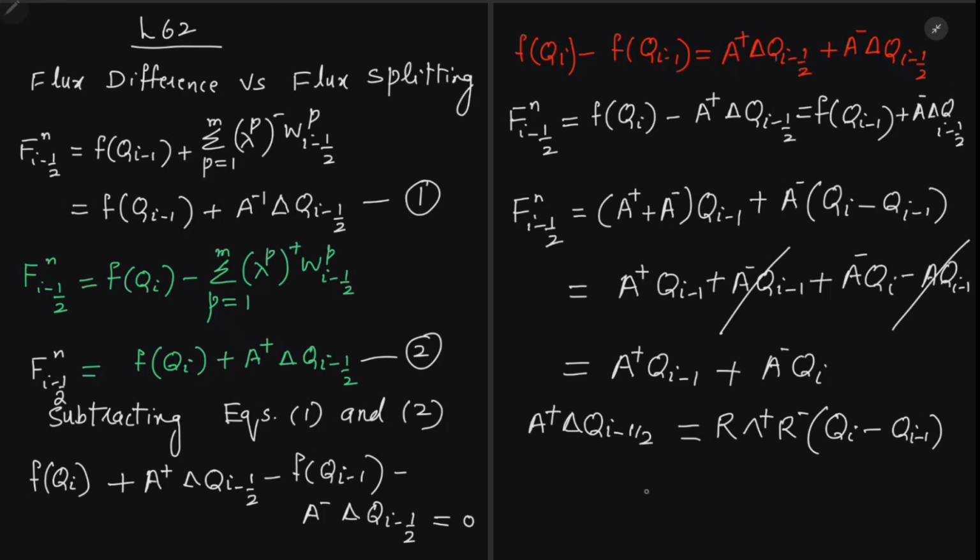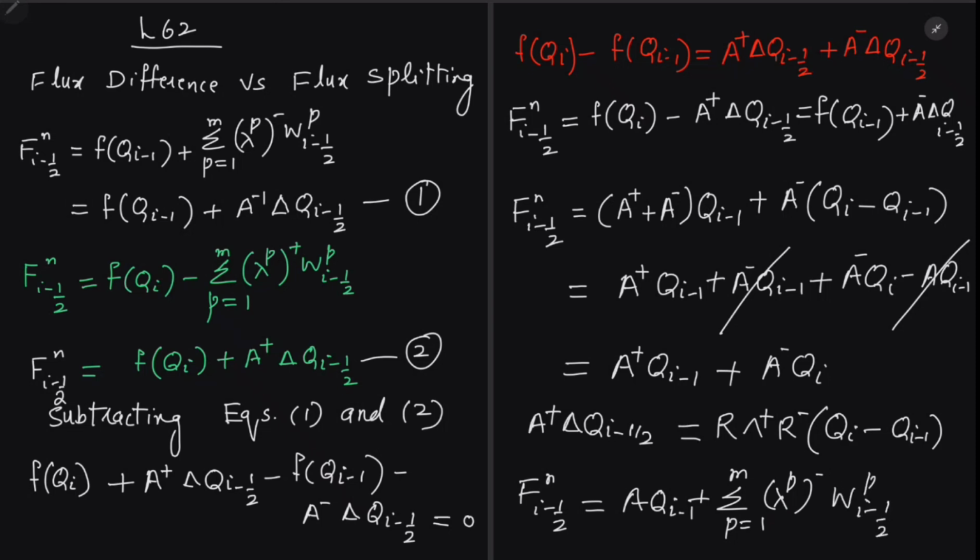When we put that value into the equation Fn i minus 1 by 2, then we have a qi, for this equation is, i minus 1, p is 1 to m lambda p minus wp i minus 1 by 2.